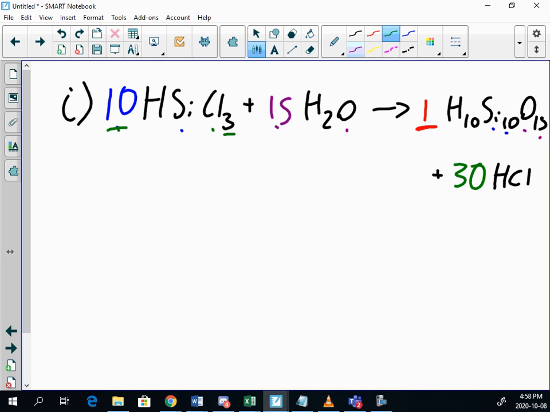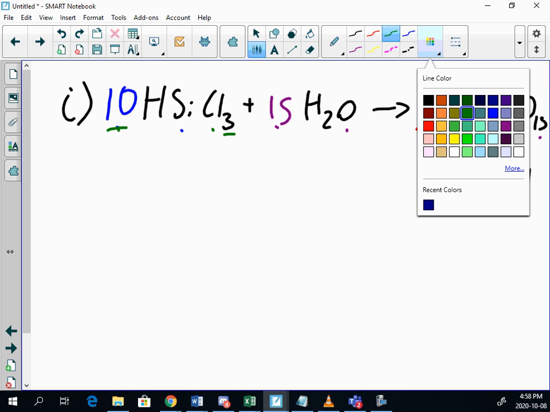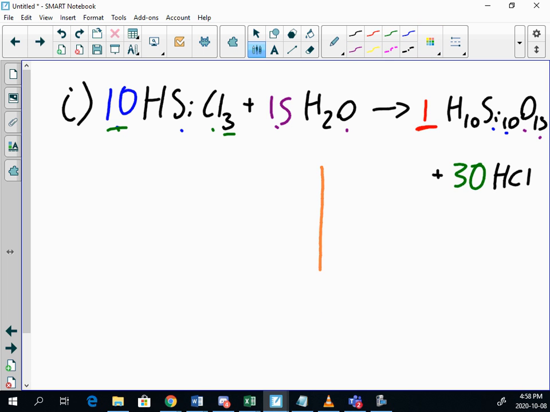The only thing left to do is to check my work, because while I've done silicon and oxygen and chlorine in a way that I was free to, I still don't know for sure about hydrogens. So let's check my hydrogens. Here I've got 10 hydrogen. And here I've got 15 groups of 2 hydrogens per water molecule. 15 times 2 is 30.